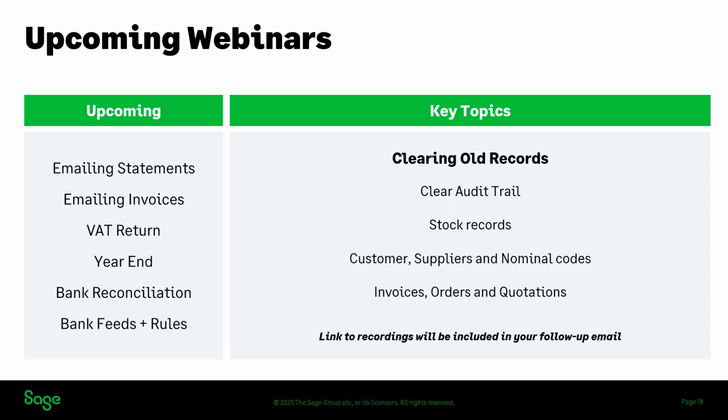It's quite common, you may have heard about clearing your audit trail, so removing older transactions, but clearing your older records, so your stock records, your customers, suppliers, nominal codes, invoices, orders, quotations, might not really be something you've considered.